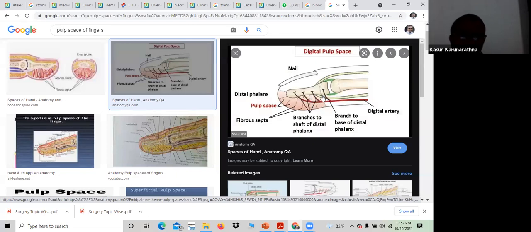So you get blood supply to the proximal part of the phalanx, but the distal part will be ischemic. If there's increased pulp pressure, there is a risk of avascular necrosis, right? So in pulp space infection, you should intervene early and decompress, right? That is the idea, right?